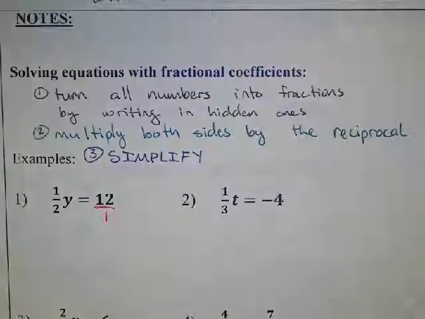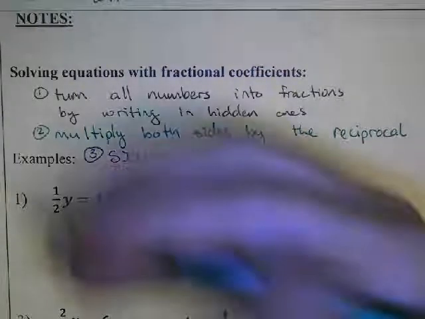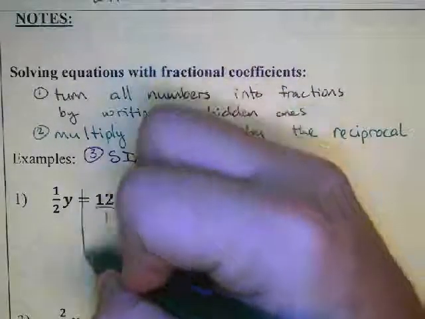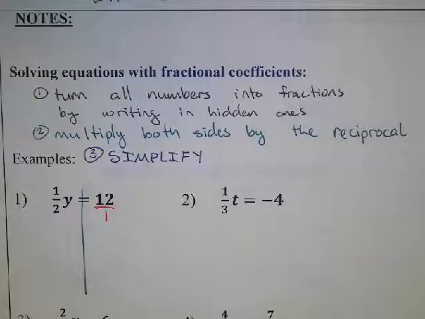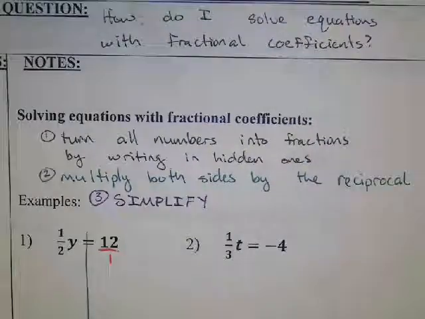Now we're ready to draw our line down the middle. And we'll multiply both sides by the reciprocal. Again, our goal is to get the variable by itself. So I actually want to add that to our notes because it's really good to always do that. So up here at the top under notes we'll write our goal.